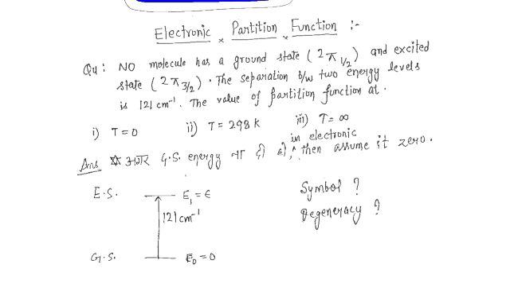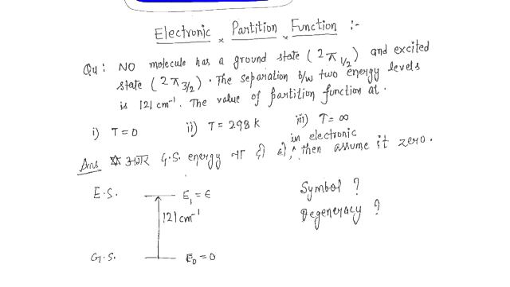Now try to understand, for the molecule, the symbol is in the form of levels. And for the levels, what I had told you is that if the lambda value is non-zero, then for the levels the degeneracy becomes 2.